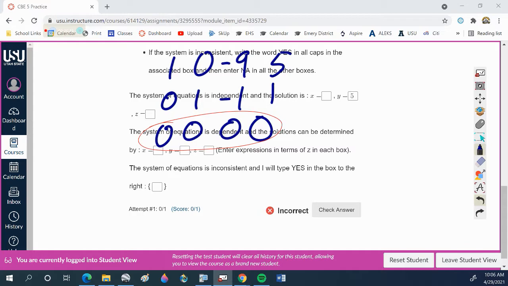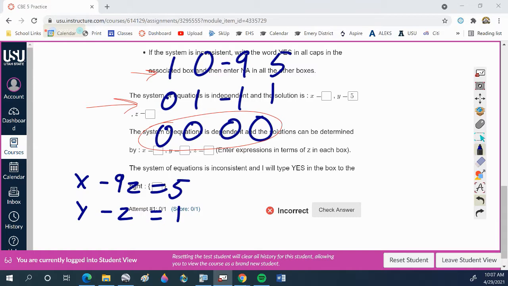So there's some line in 3 space that all 3 planes intersect everywhere. So I want to know where is the location of that line in terms of the x-axis, y-axis, and z-axis. So this equation gives me x minus 9z equals 5. And this equation is y minus z equals 1.